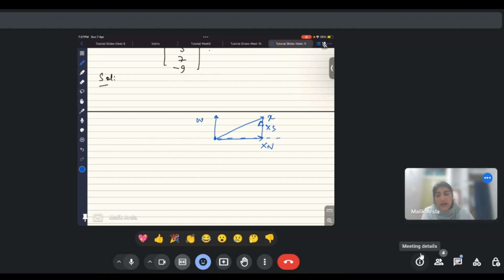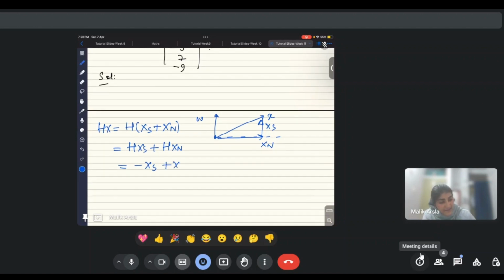Now we know a property that Hx can be written as H of (xs plus xn), right? And it will be equal to H of xs plus H of xn, correct? When H operates on xs, it will be minus xs. But when H operates on xn, it will remain the same, so plus xn.